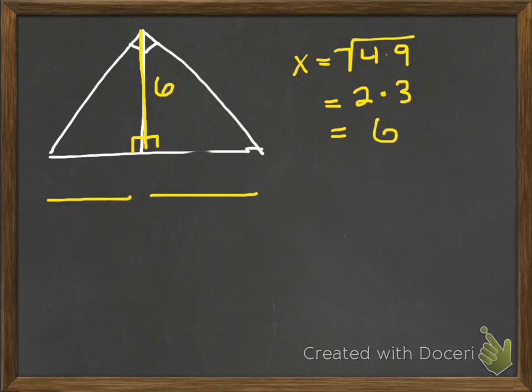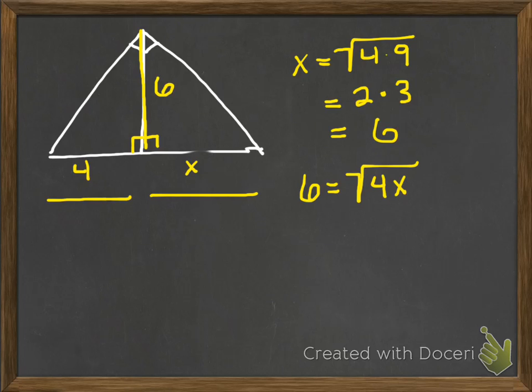Okay, you could also do it where you didn't know that number, so let's say this was 6, we'll just work backwards, and this was 4, and this was x. Basically you're saying that the altitude, 6, is equal to the geometric mean of 4 and x. So that is the square root of 4 times x.